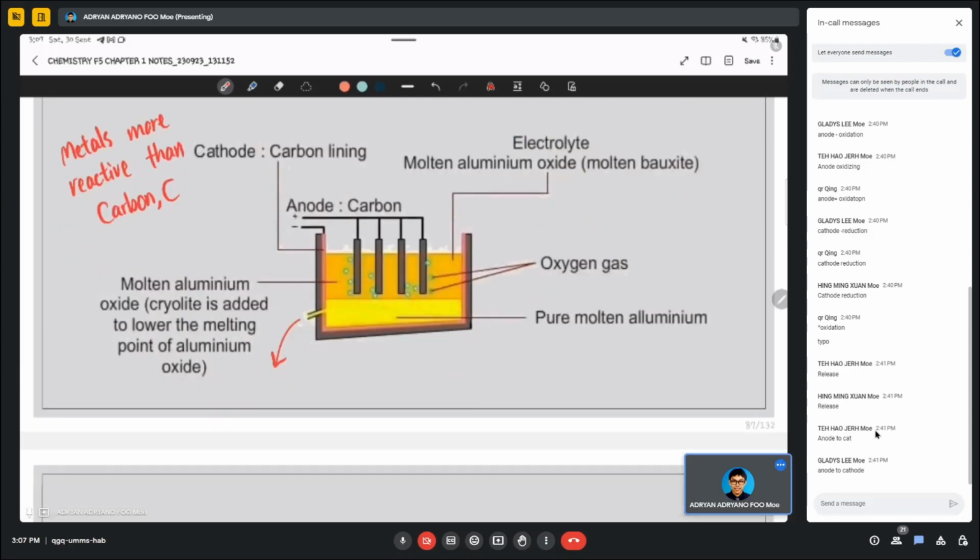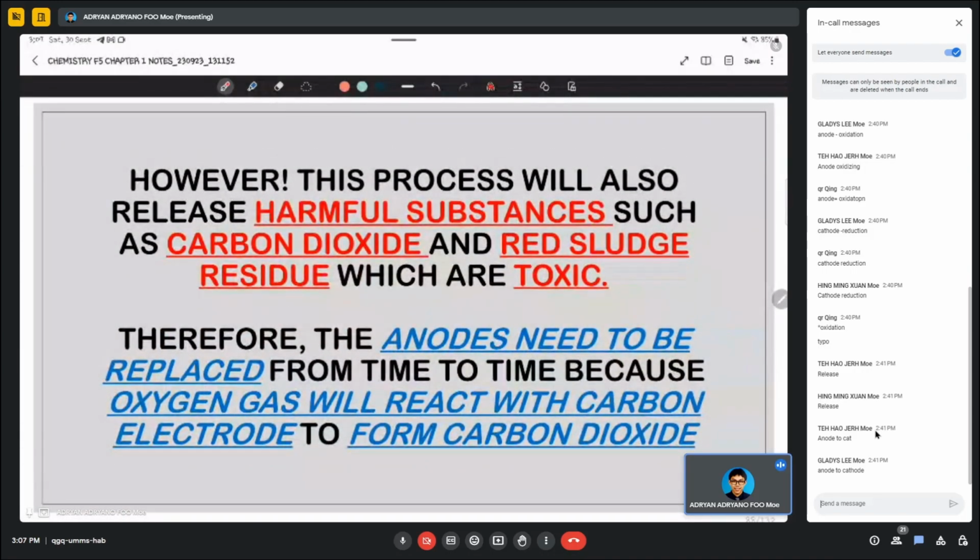Alright. However, this process also releases harmful substances such as carbon dioxide and red sludge residue, which are toxic. Therefore, the anodes need to be replaced from time to time because oxygen gas will react with the carbon electrode to form carbon dioxide. So you must remember that if you do this reaction, you must replace the anode continuously. Why? Because too much oxygen cannot build up at the anode, as this oxygen will react with carbon to form carbon dioxide. Carbon dioxide is acidic in nature, so more carbon dioxide makes it an acidic substance.